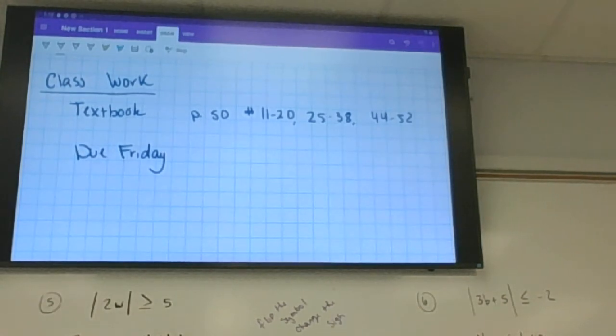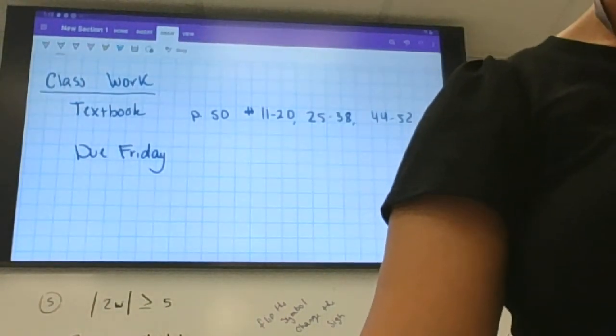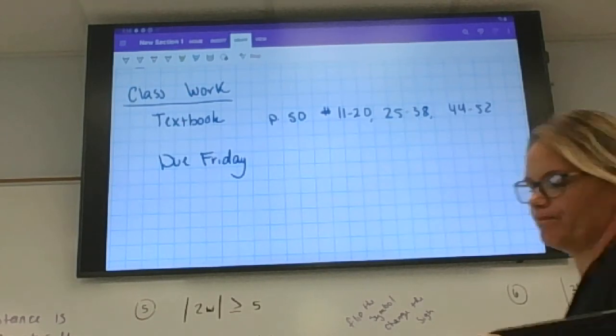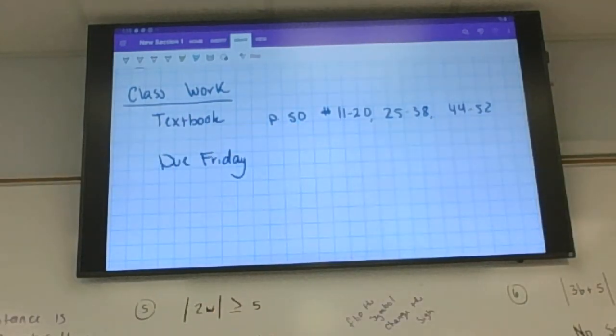Look, it's a big review for the chapter. Did I distribute this? For 12, you do the parentheses and then the brackets. So I distribute the negative.